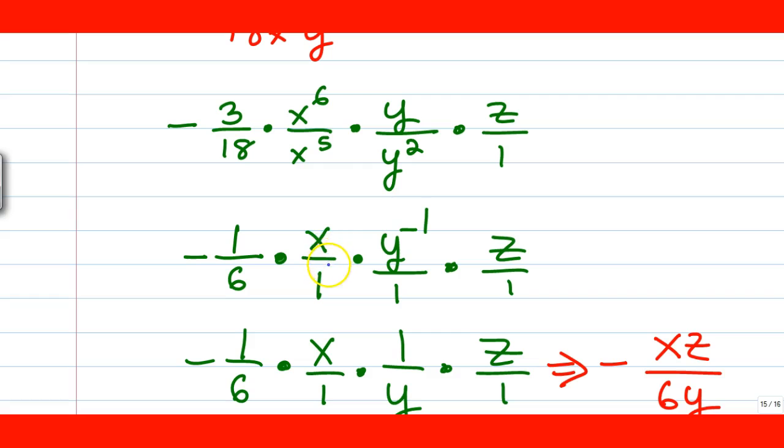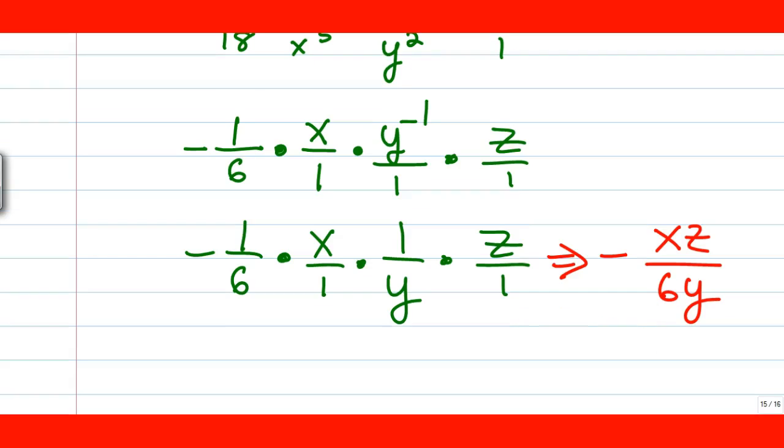Moving on to the x's, when it's division, I subtract the exponents, so a 6 minus a 5 leaves me with an x to the 1st degree, so a 1. Moving on to the y's, I have a 1 minus a 2. That leaves me with a negative 1. And then just copy down the z over 1. It doesn't have anything special that I need to do to it.